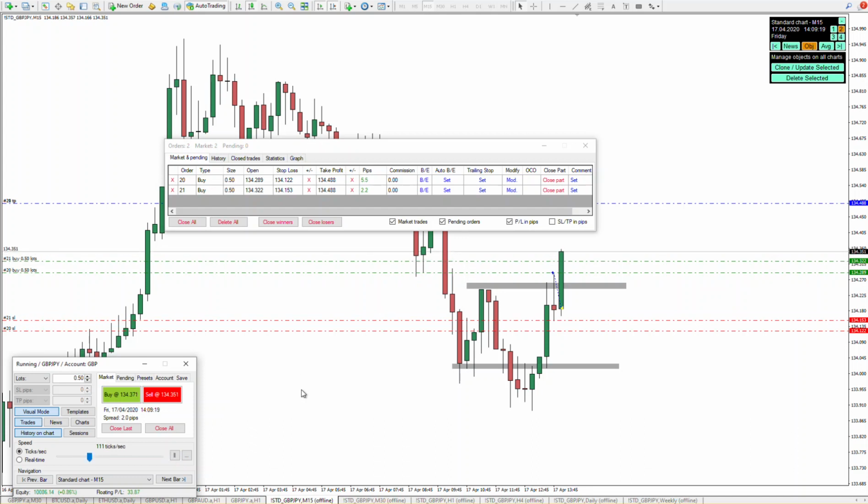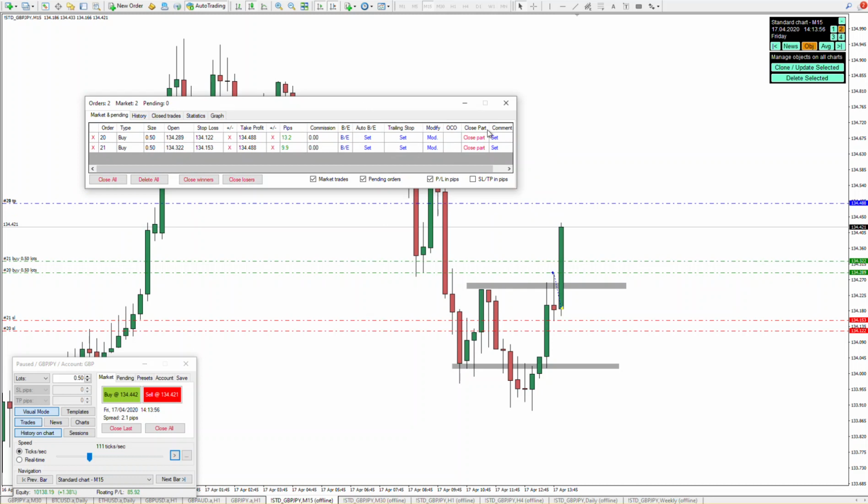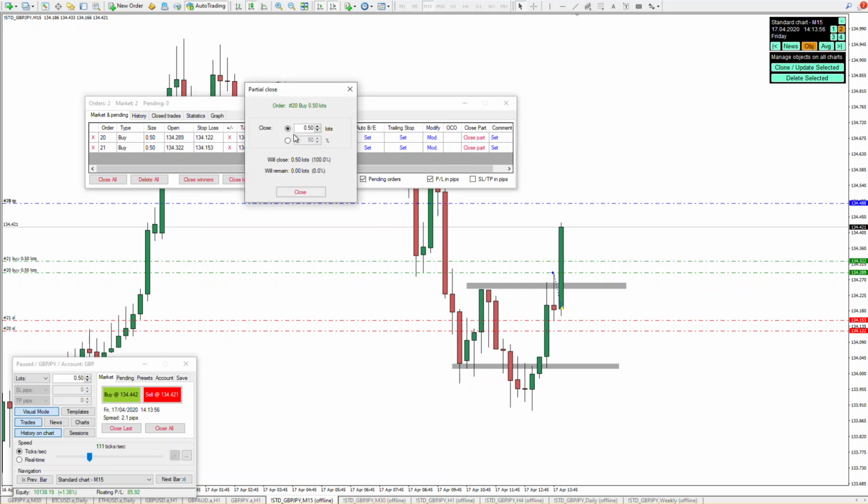Stop below current candle. TP like the other one. Let's now run it all at once to TP. Now we got 30 pips from the first one. Let me close like 80%.